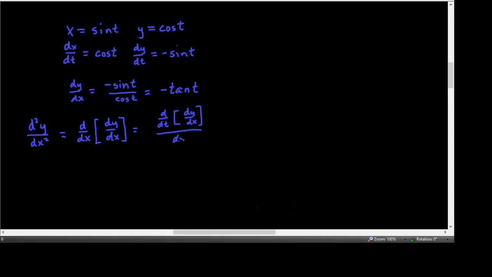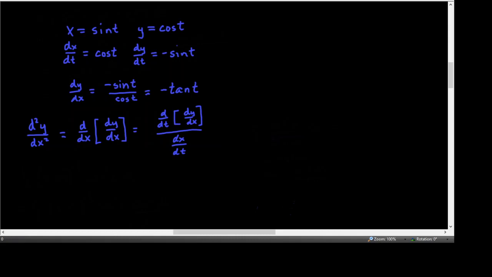So to do that, I can do division by dx dt. So if you think about multiplying the numerator by the reciprocal, you'll have 2 dx's in the denominator, and you'll have dt in the numerator to cancel the dt that's in the denominator of the numerator. So that's how you do it.